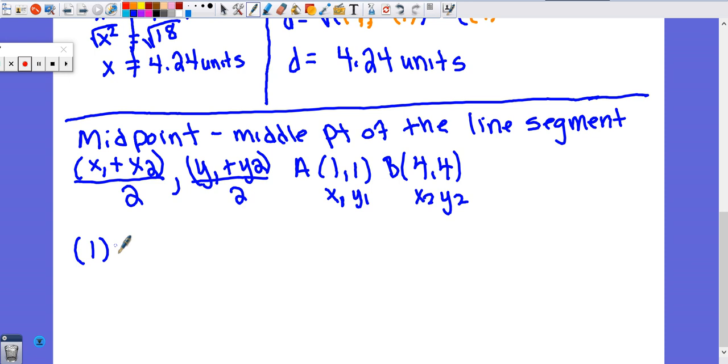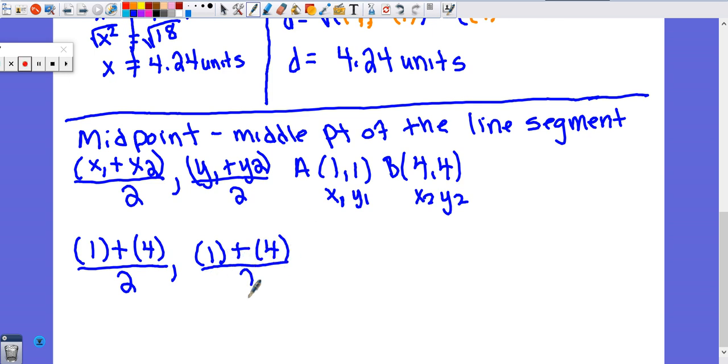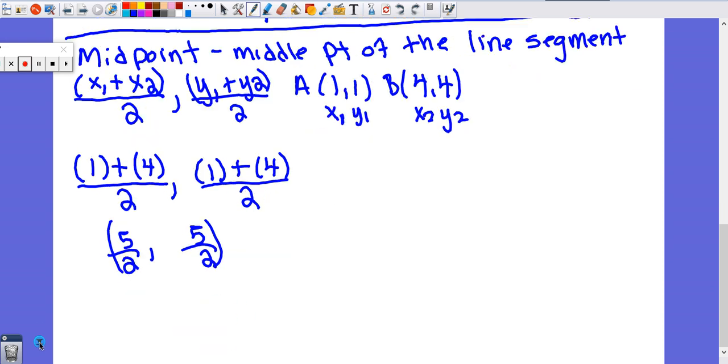I get x1 is 1, so 1 plus x2 is 4 over 2, comma, y1 is 1 plus y2 is 4 over 2, so we get 5 over 2 and 5 over 2, and you can put this in your calculator to give you a decimal form, and I know that 5 over 2 is 2.5, 2.5.